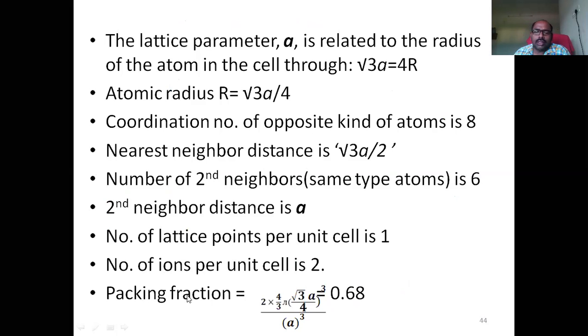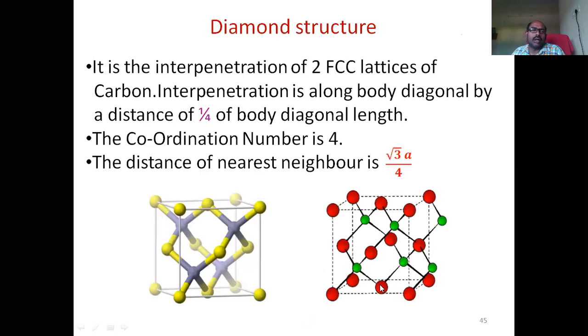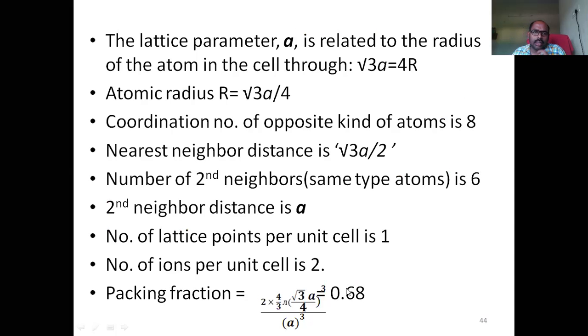The packing fraction is 2 into 4 by 3 pi r cube, divided by a cube, which gives us 68 percent. If we calculate the void space, it comes out to be 32 percent.